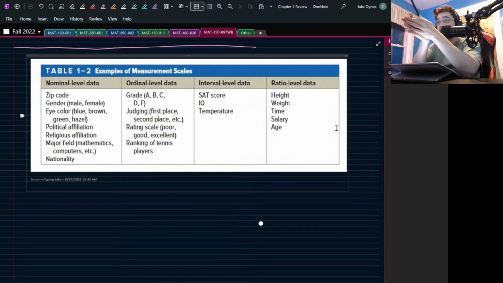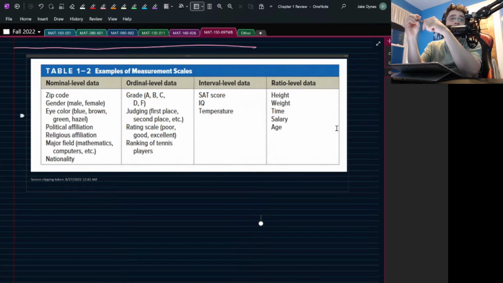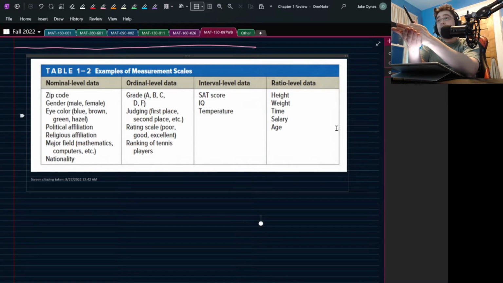There's like a very decidable difference. Same thing with SAT score, IQ scores, things like that. And ratio level, there exists a true zero, so that's things like height, right? You can't be a negative height level, whereas you can have a negative temperature, right?